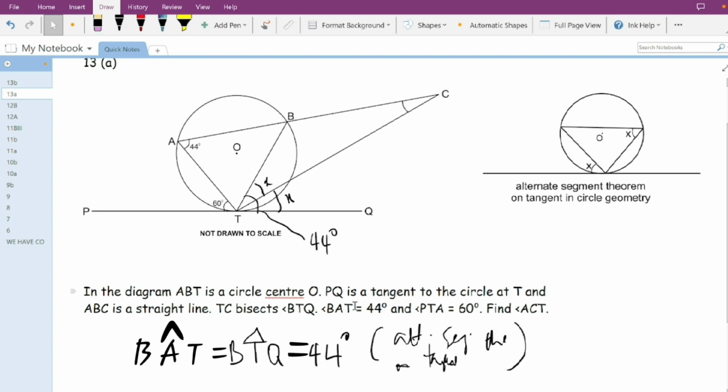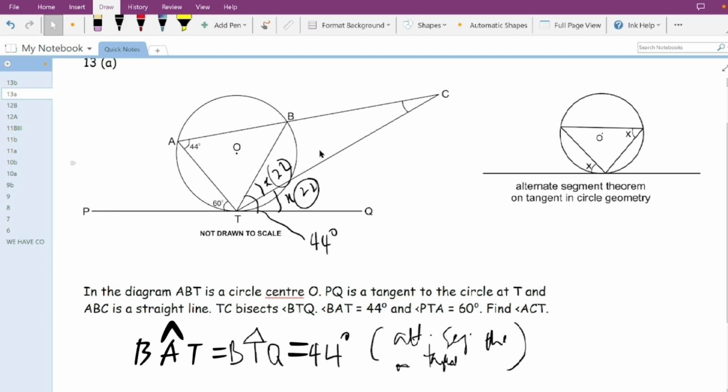So we have that as why this is 44, and we know line TC bisects angle BTQ. That means it divides it into two equal parts. That means this is 22 and this is 22, because the whole angle is 44. Two equal parts, we divide 44 by 2. We know this is 22 and this is 22 degrees.